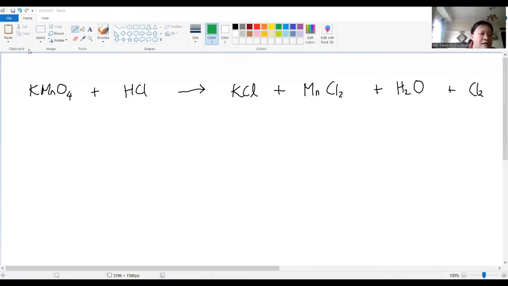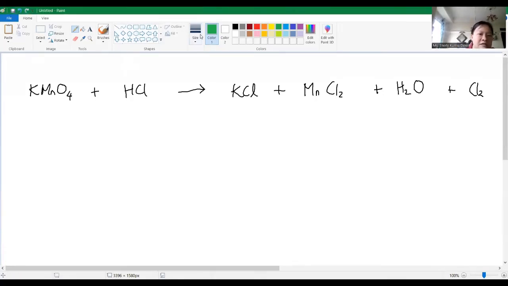So, this one is potassium permanganate. You need to remember the name because it's not too common. Plus this one, hydrochloric acid. This is a common one.